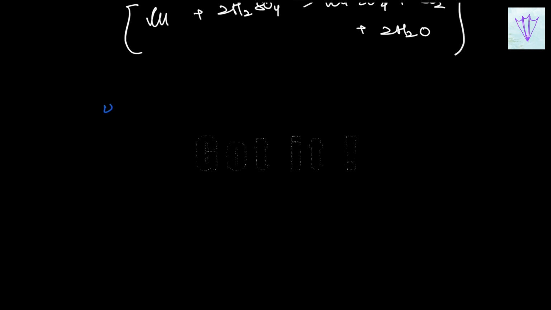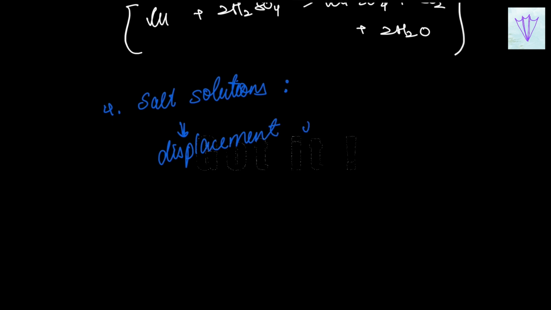The next reaction we are going to study is the reaction of metals with salt solutions. A more reactive metal will displace the less reactive metal from its salt solution, and this type of reaction is called a displacement reaction.